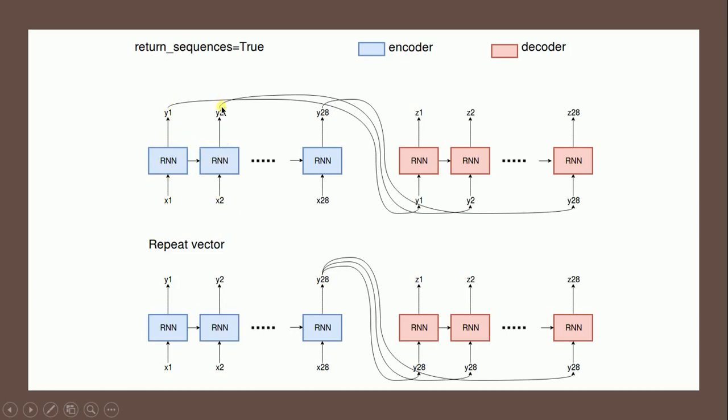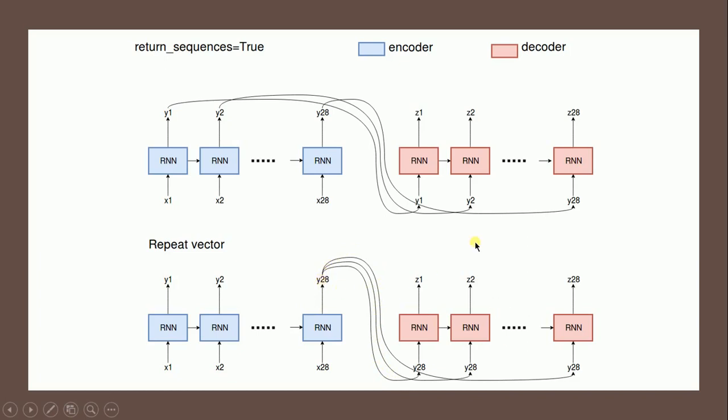If we have another layer below that, these hidden state outputs will be the input to the other layer, like this. If we make this false, which is the default, only the last hidden state of that LSTM layer is returned.